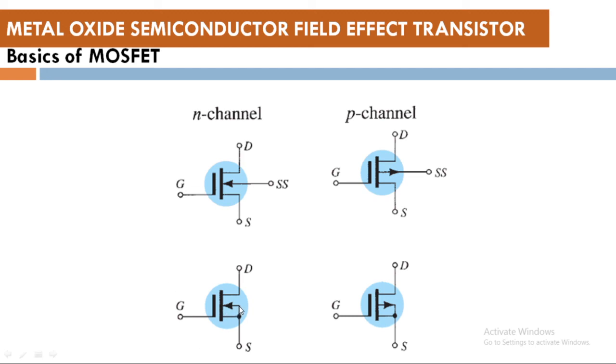So when the arrow is getting into it, it is N channel, and if the arrow is getting out, it is P channel. But remember, this is a depletion type of a MOSFET and it is having a channel already built inside it.